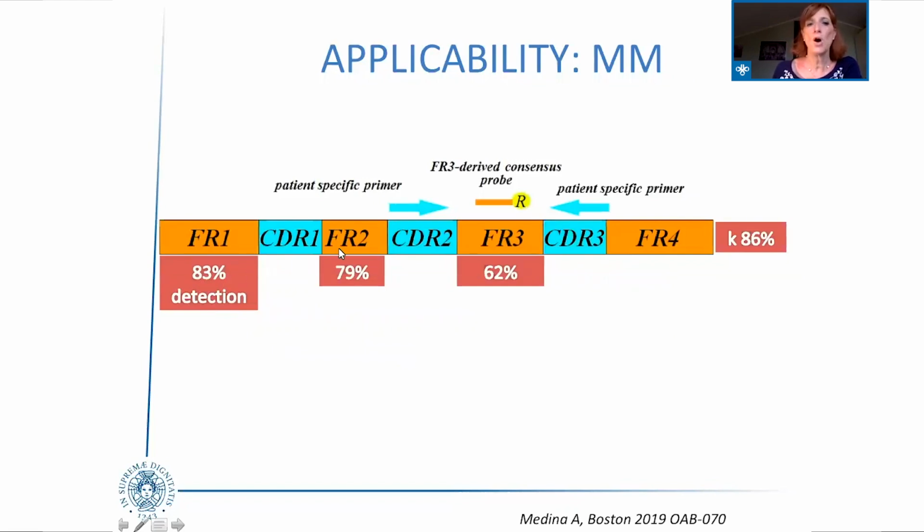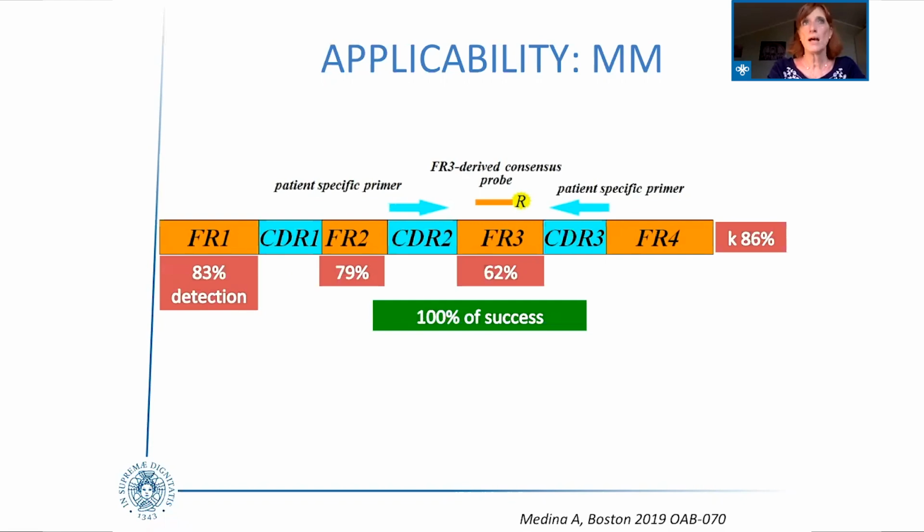If we use only framework 2, about 80%, and only 60% when we use only framework 3. When the authors used all these frameworks and added also light chain rearrangement, they had 100% of successes.